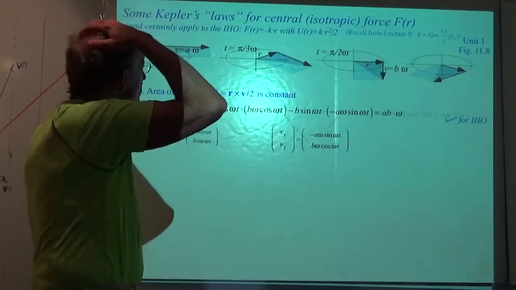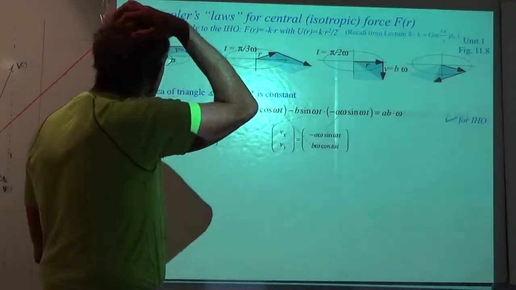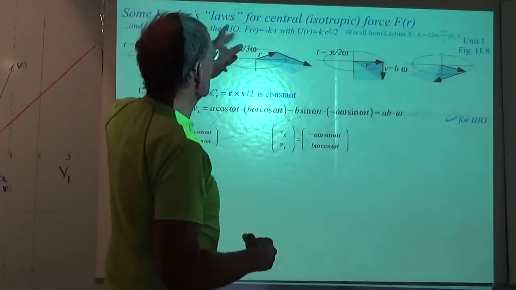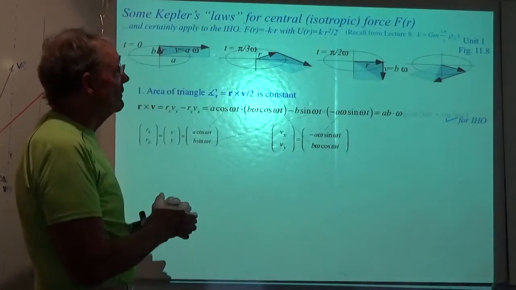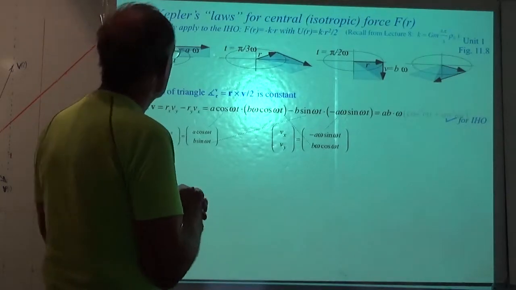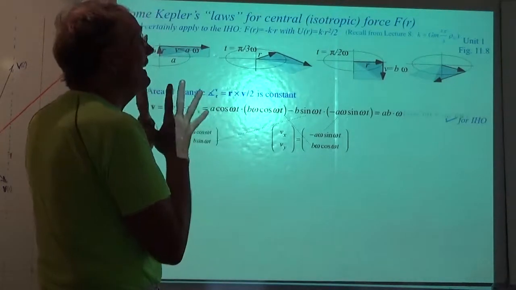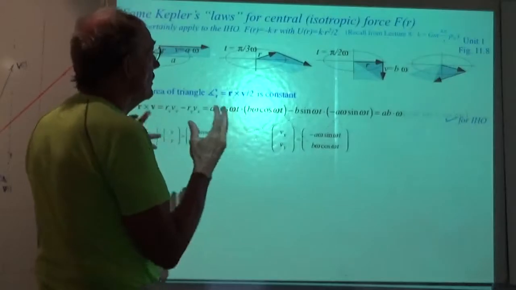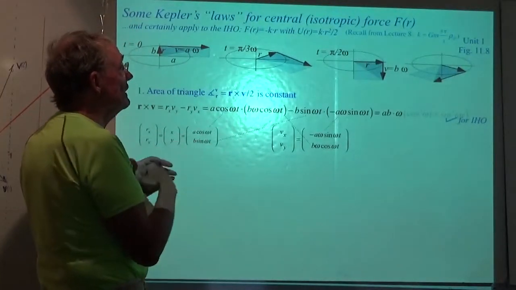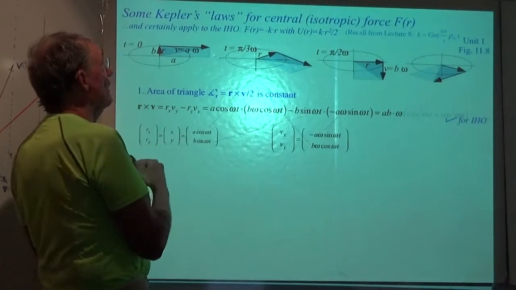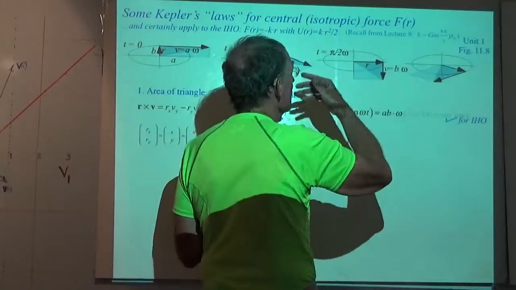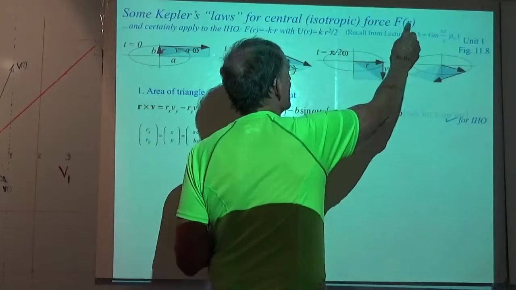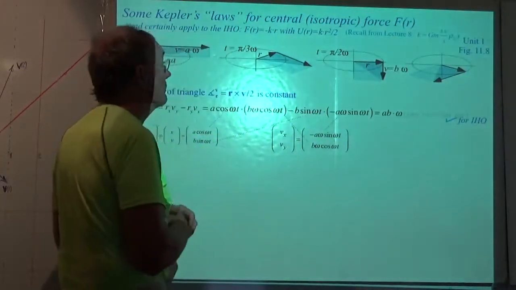But I want to make very clear some of Kepler's laws that he invented for planetary motion and Coulomb fields. But this one is good for any central force, any force that does not care about the direction you are. It only cares about the distance you are from some center point.